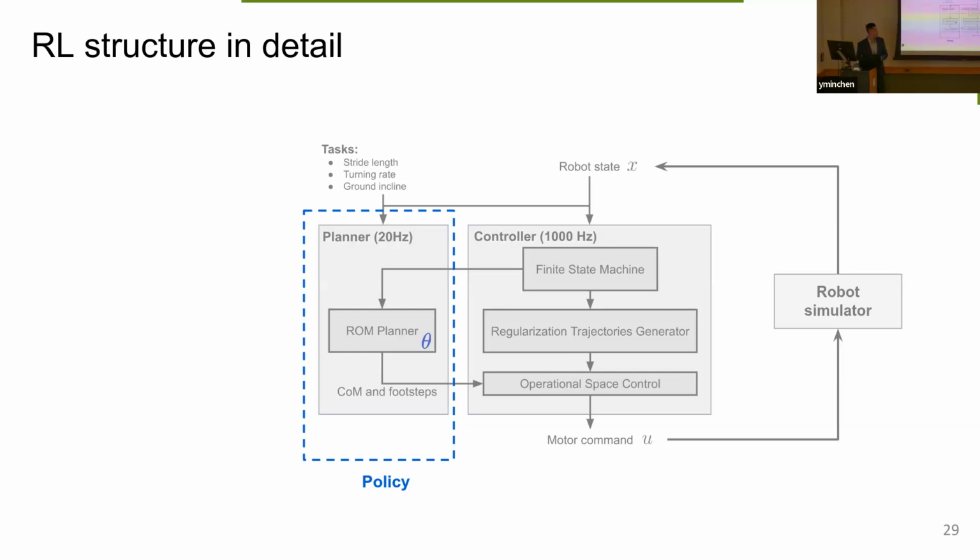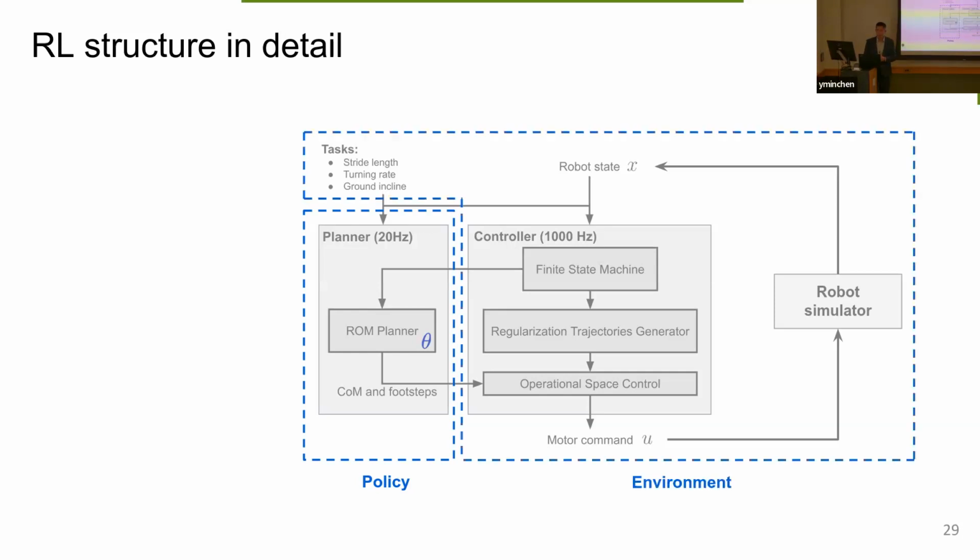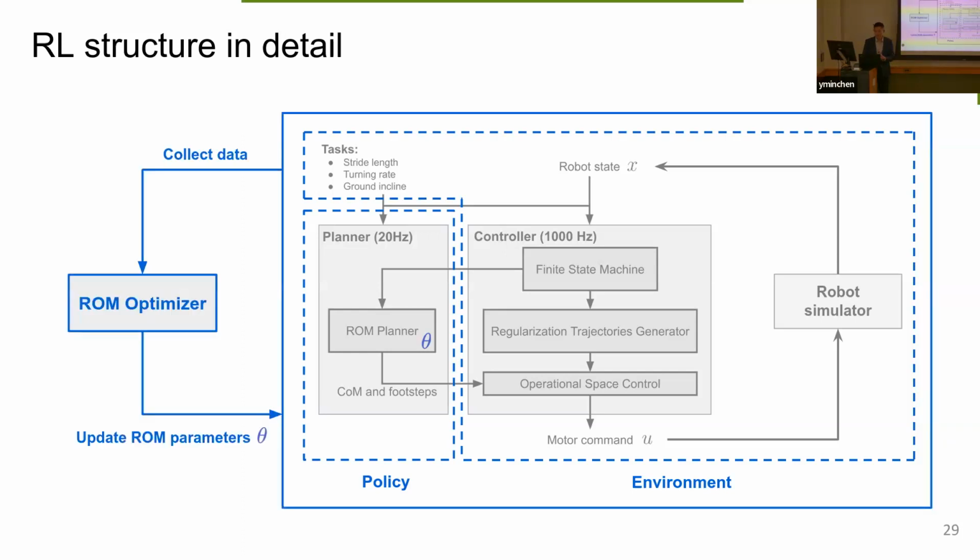So the parameter of this policy is the parameter of the reduced model inside the planner. And everything else constitutes the environment inside this RL. So we run, like I said, a lot of simulations, collect data, and update the model parameters. In this case, it's the model parameters inside the policy, or the reduced model planner.